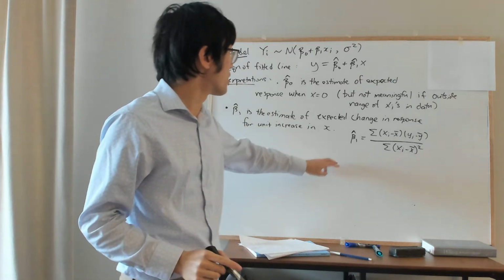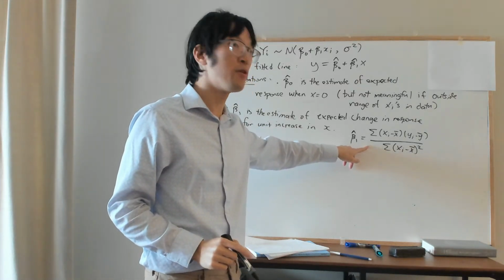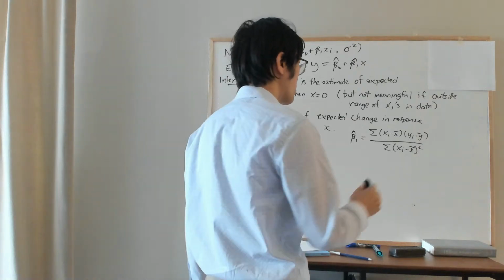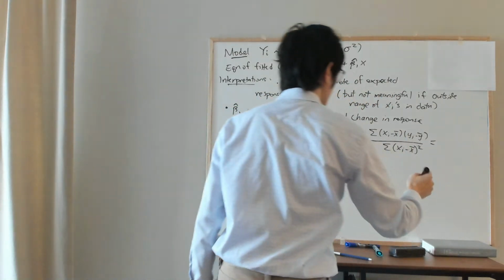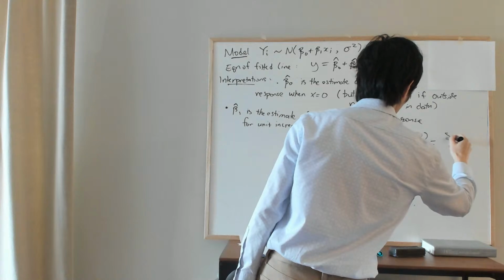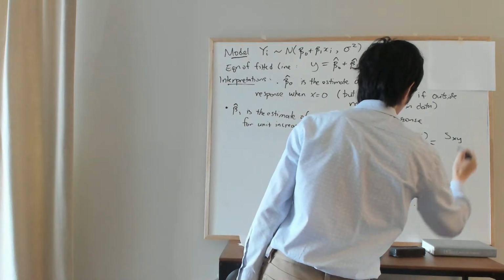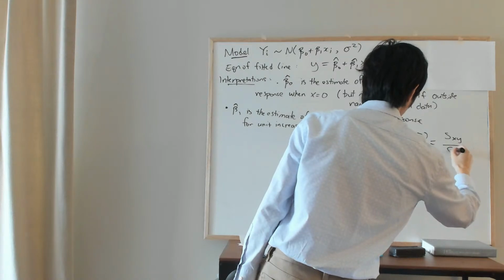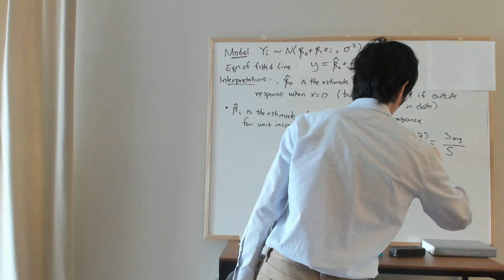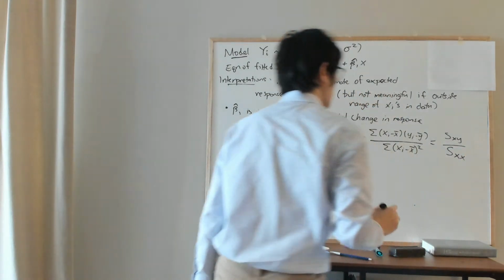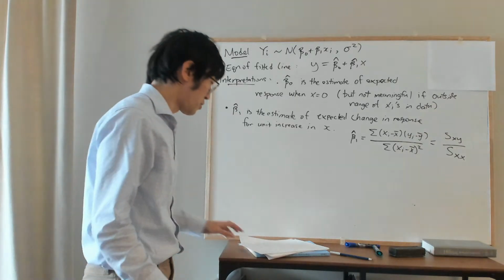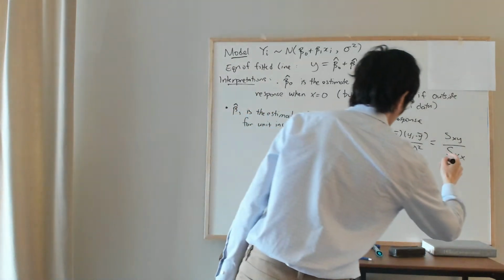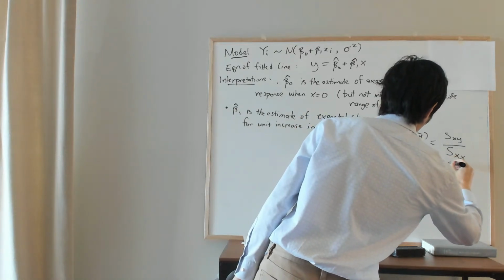And in terms of a couple of shorthand notations that we defined when we talked about correlation, the top part we denote S subscript xy, the cross term, and then the denominator is the x term with itself, so we write S subscript xx.